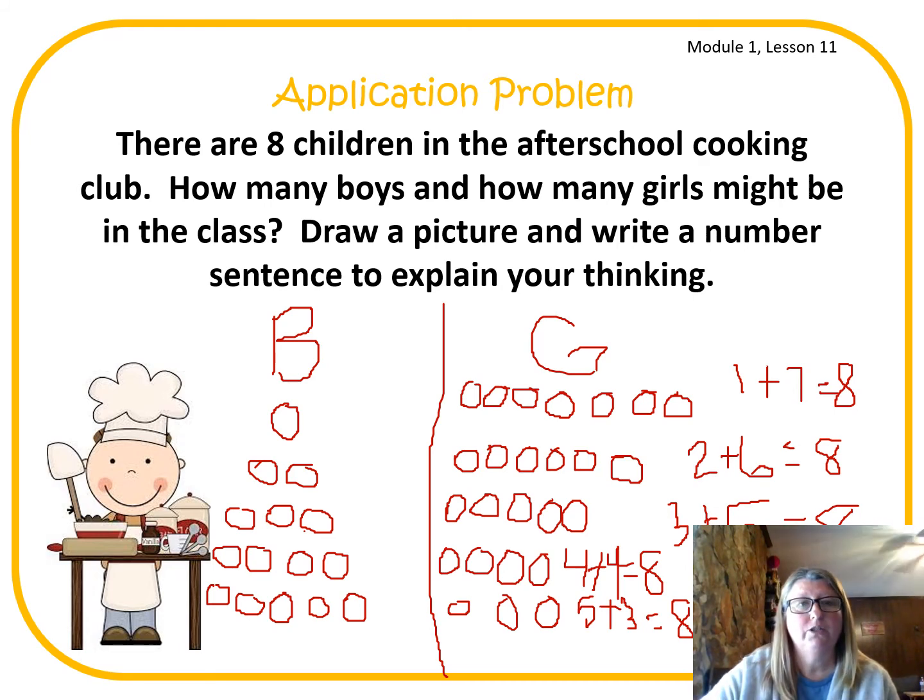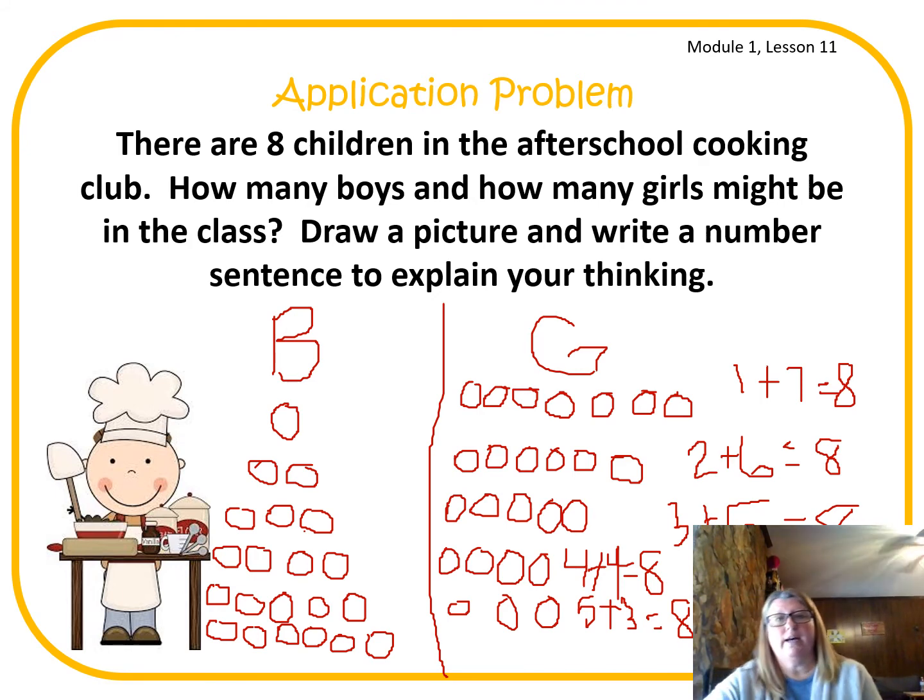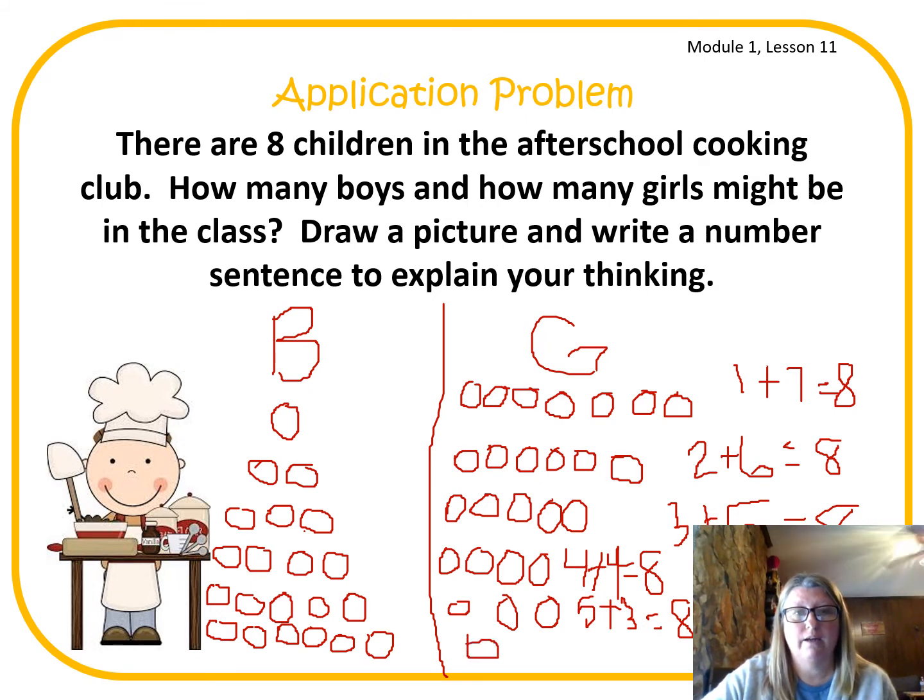All right. So now imagine there were 6 boys in the class. So 1, 2, 3, 4, 5, 6. Let's see how many girls there would be. So you could go 7, 8. Okay.